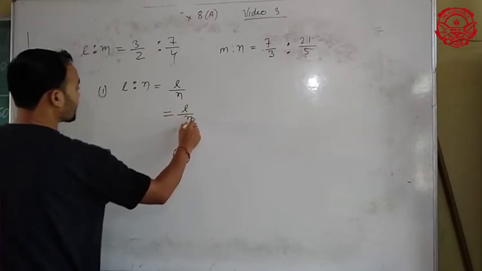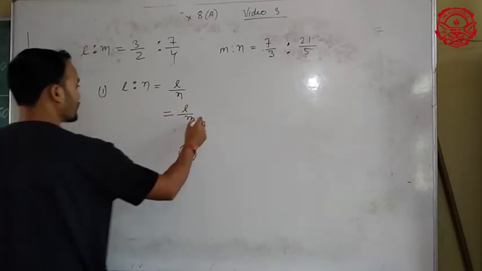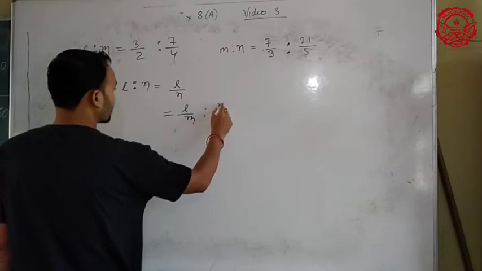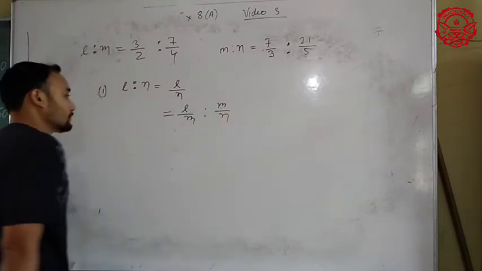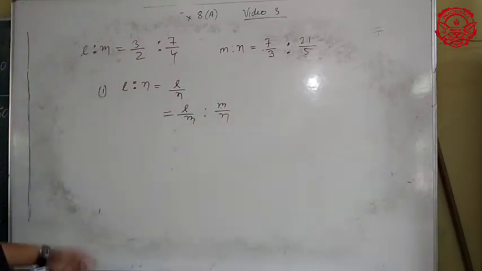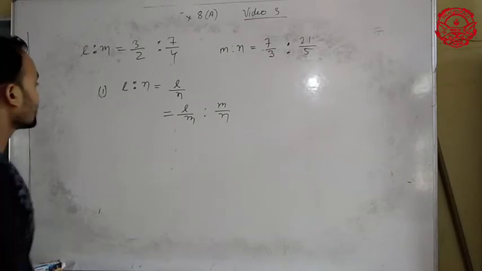We have to find L by M is to M by N. Put the values and you will get the answer.